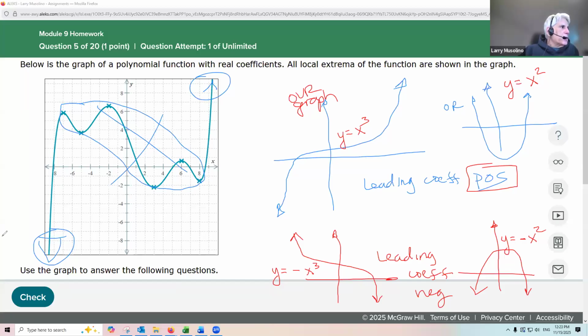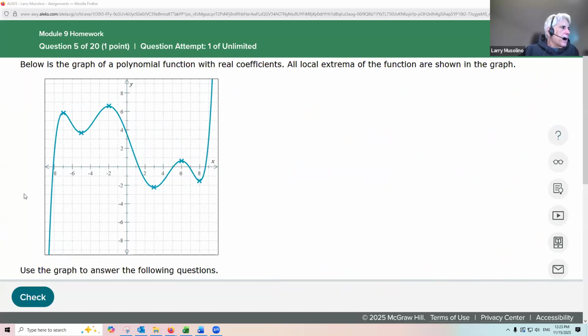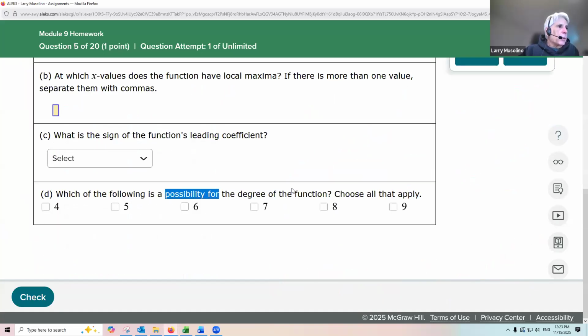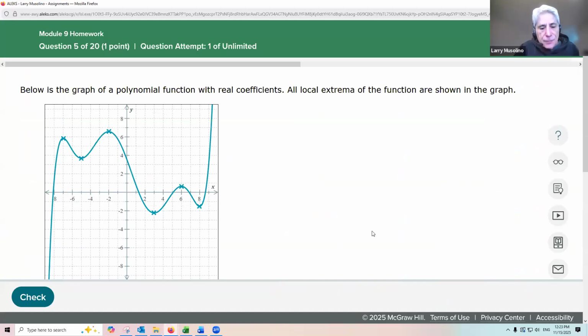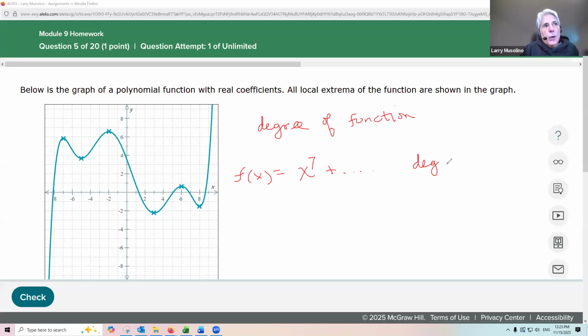All right, let me go to the last question. The last question said, which of the following is a possibility for the degree of the function? Well, to answer that, you have to look at how many max mins. So there's a rule that says the degree of the function, by the way, degree means the highest exponent on x. So if a function was x to the 7 plus, etc., we call this degree 7, because that's the highest exponent on x.